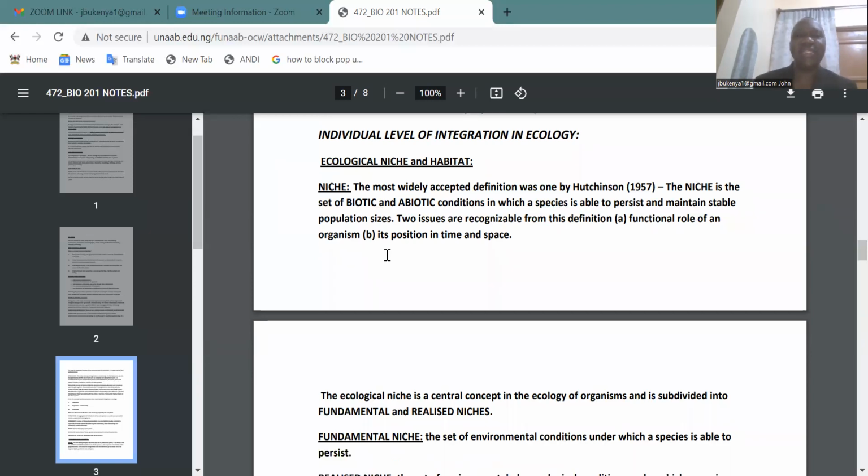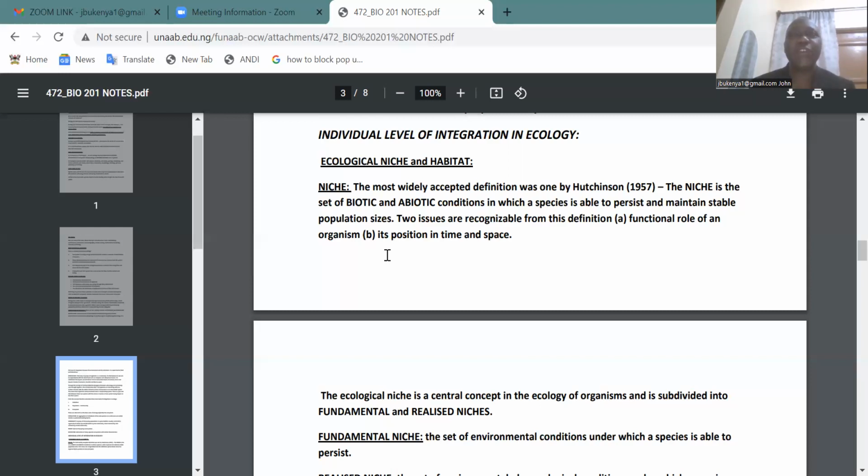If we are looking at the large potential niche of an organism, a set of all environmental conditions where that organism exists, and the entire habitat that it can exploit in absence of its competitors and predators, then that niche is described as the fundamental niche or the potential niche.